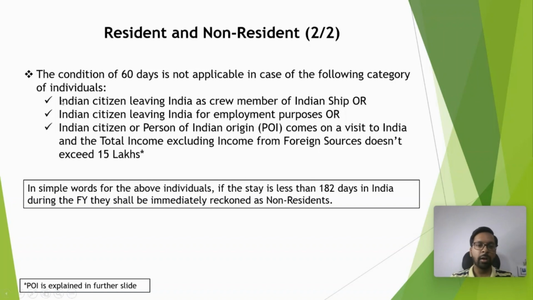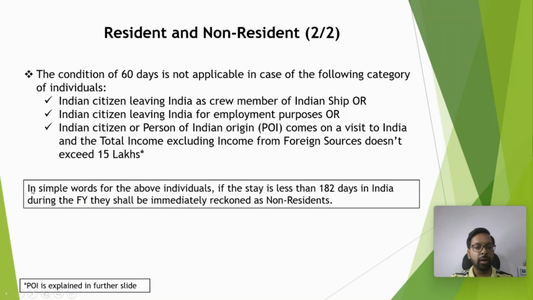These persons are: first, an Indian citizen leaving India as a member of the crew of an Indian ship; or a citizen of India leaving India for the purpose of employment; or an Indian citizen or person of Indian origin who has come on a visit to India, and the total income of that person, excluding foreign source income, does not exceed 15 lakh rupees. So if the income from India is up to rupees 15 lakh, and he has come to visit India and the stay is less than 182 days, he will immediately be declared as non-resident.